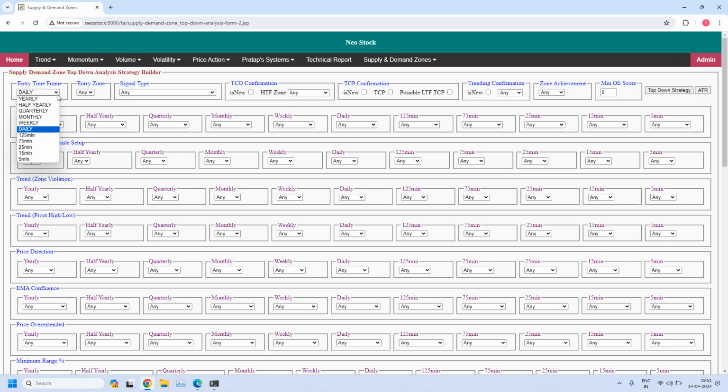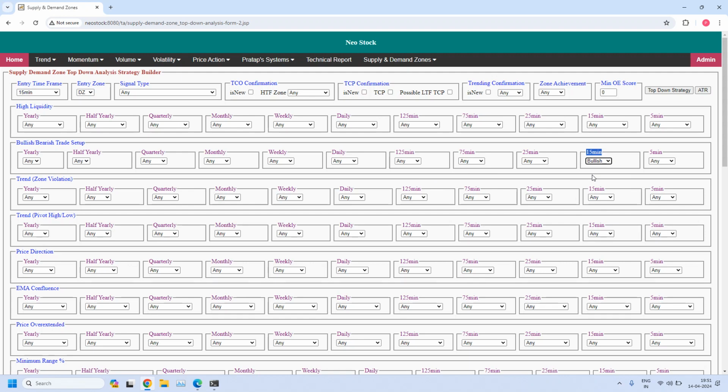So that is the reason why I am selecting entry time frame as 15 minutes. Because it is a bullish trade setup, entry zone should be demand zone. And in the parameter bullish or bearish trade setup, in 15 minutes time frame, I am selecting the value bullish.